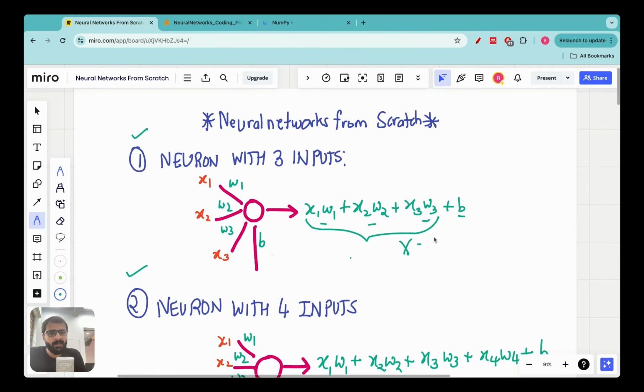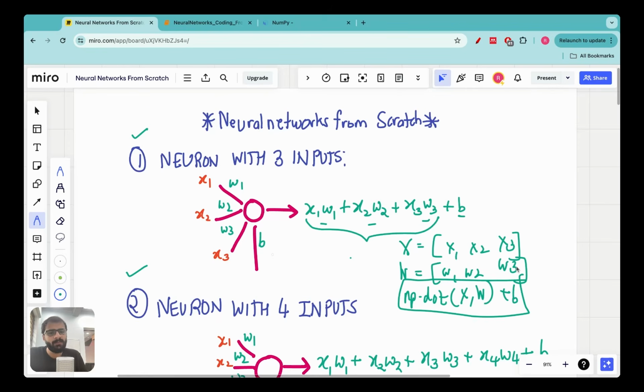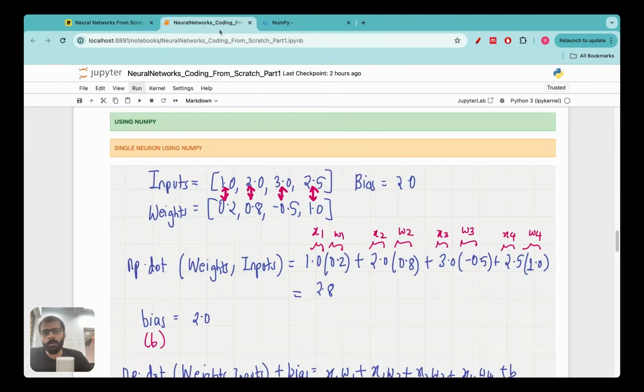If we construct a vector x, which is x1, x2, and x3, and if we construct a vector w, which is w1, w2, and w3, this thing can be written as np.dot(x, w), and then we can just add b. That's exactly what is done in the code.